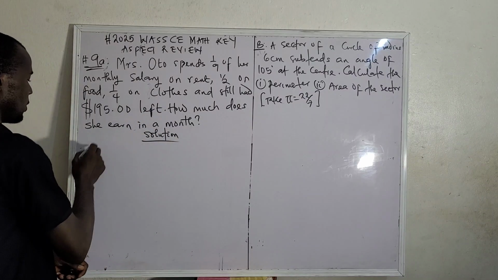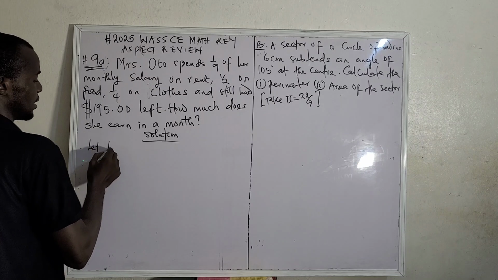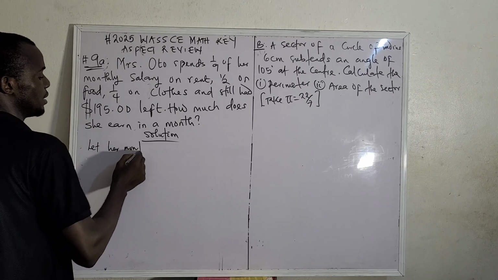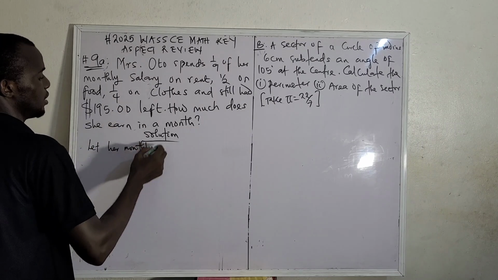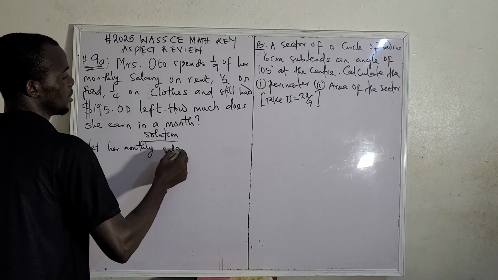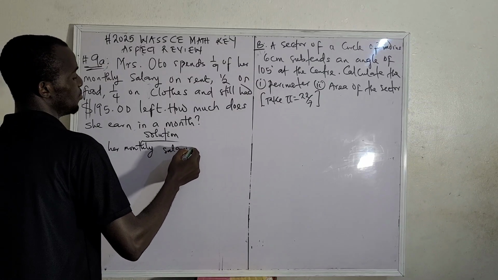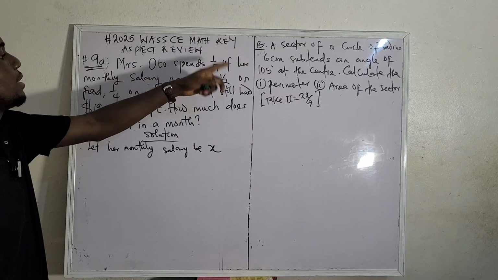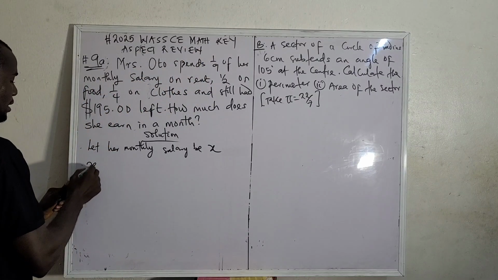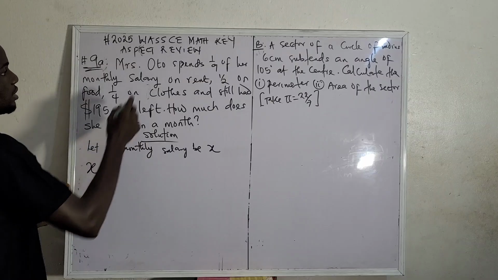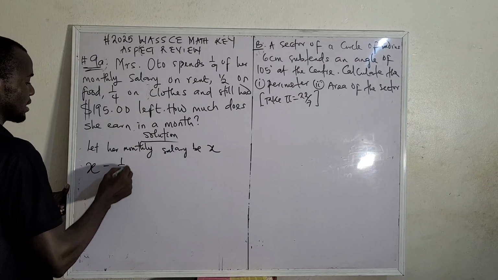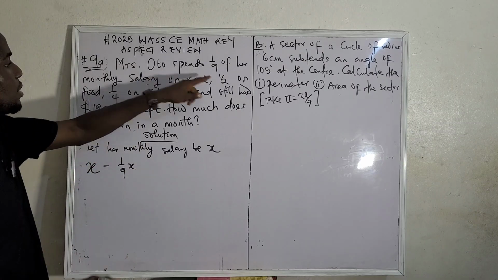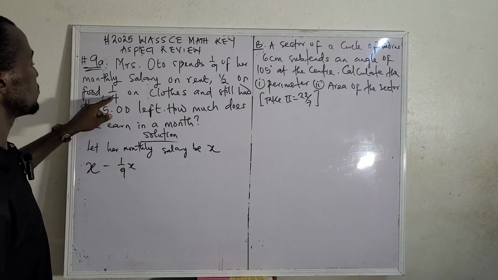So let our monthly salary be x, right? So she spends 1/9 of her monthly income, which means she spends 1/9x, and then she spends another 1/2, and then another 1/4.